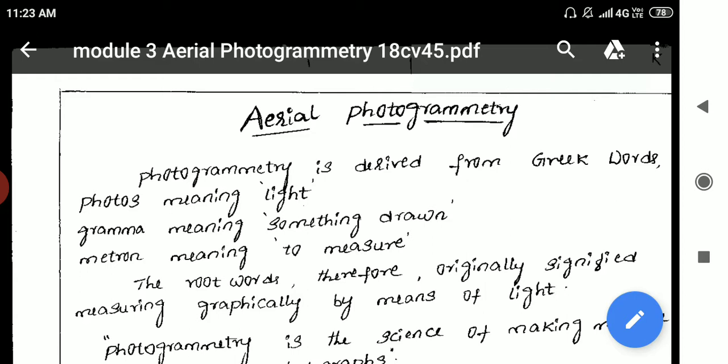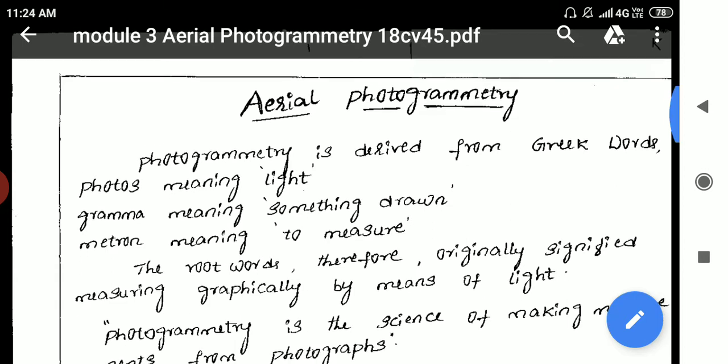Photogrammetry is derived from a Greek word. Photo means light, when it is reflected to form an image. Gramma means something drawn. Once the camera captures, something is recorded by the camera lens.